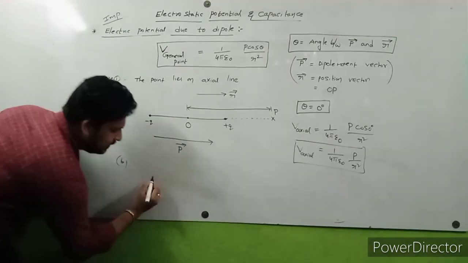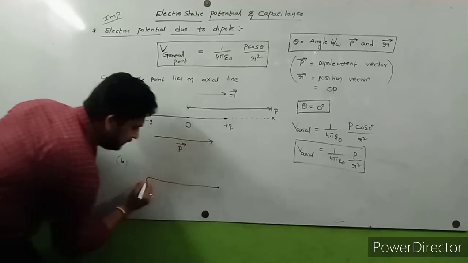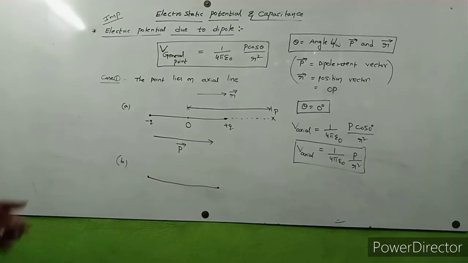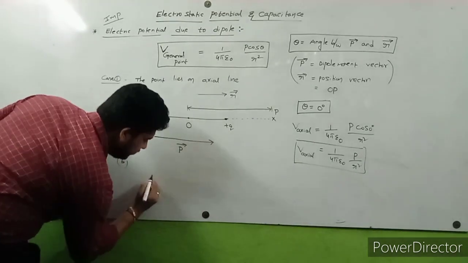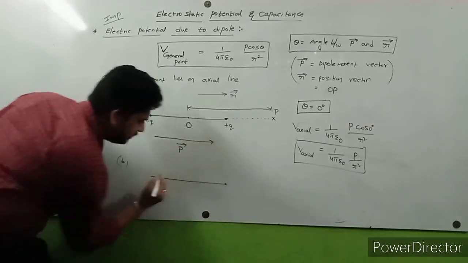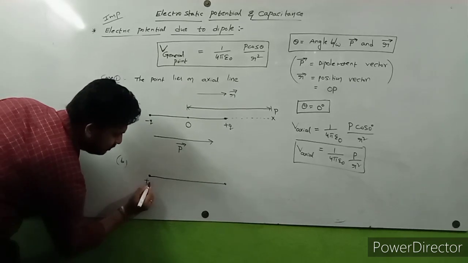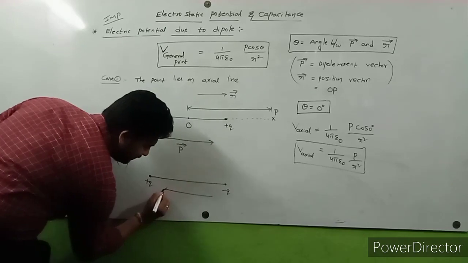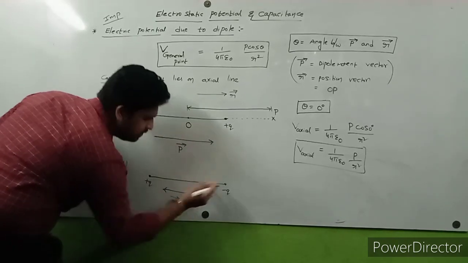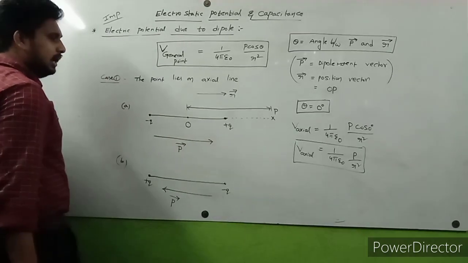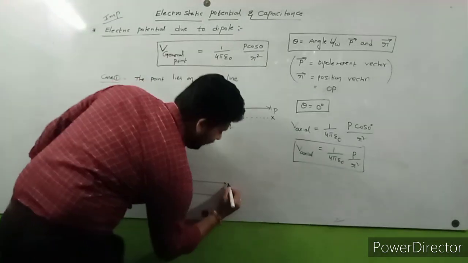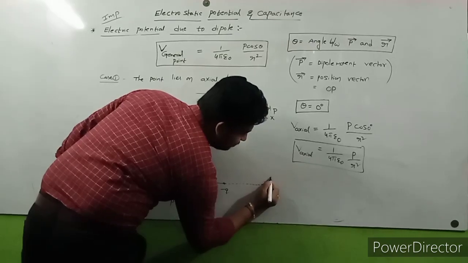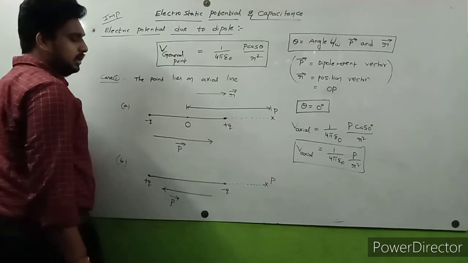For example, here I place some charge. This I consider as a plus Q charge, and this as a minus Q charge. The dipole moment direction is always from negative charge to positive charge. The point lies on the axial line somewhere here.